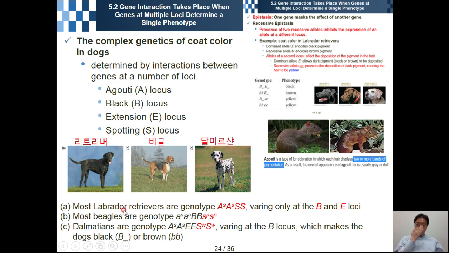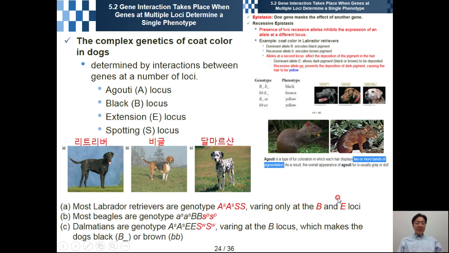So most retrievers have E, because the dominant E allows the dark pigmentation, black or brown, like this.